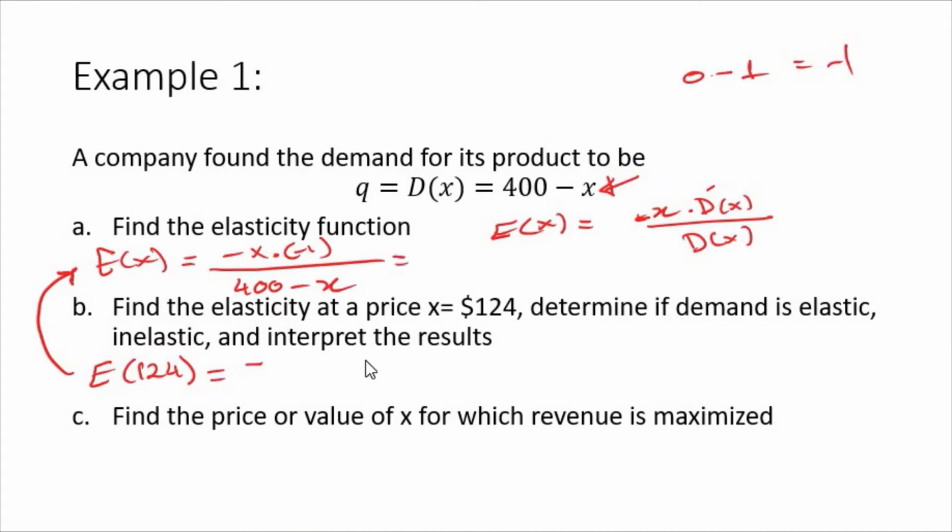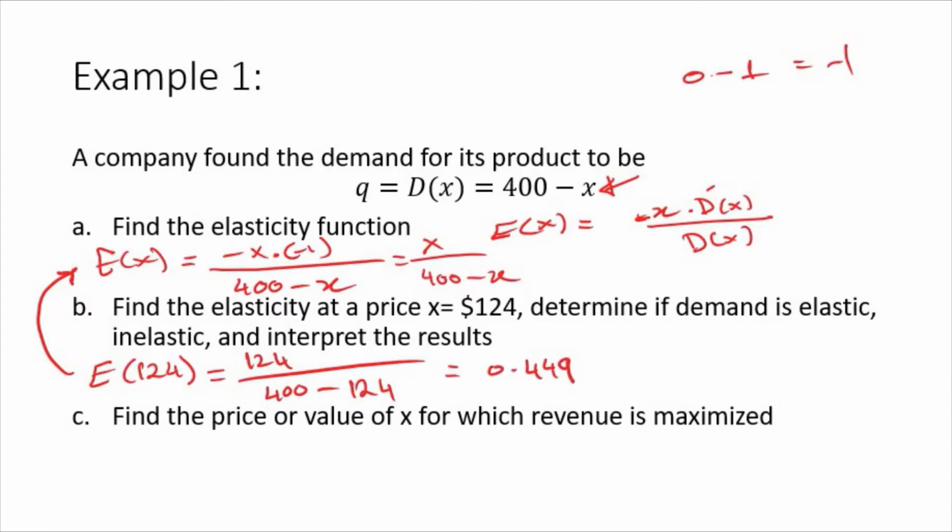Negative times negative is positive, so E of X is X divided by 400 minus X. Here I will have 124 divided by 400 minus 124. And to compute that, you're going to find 0.449.